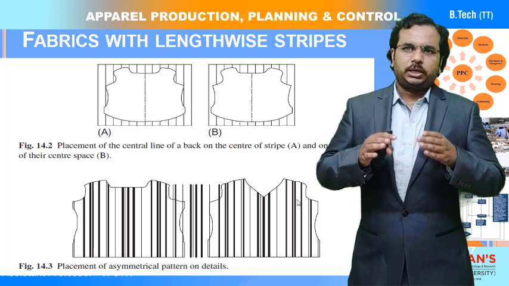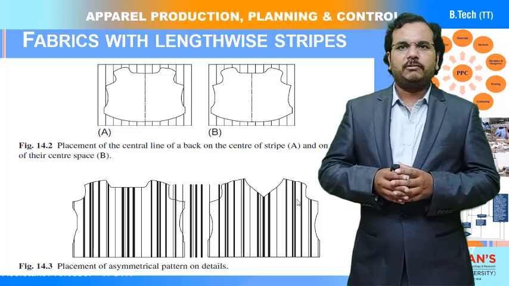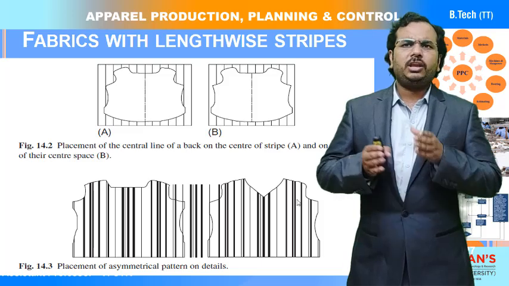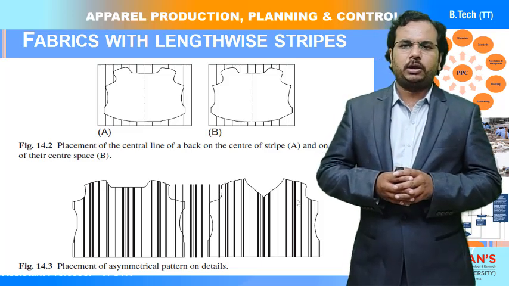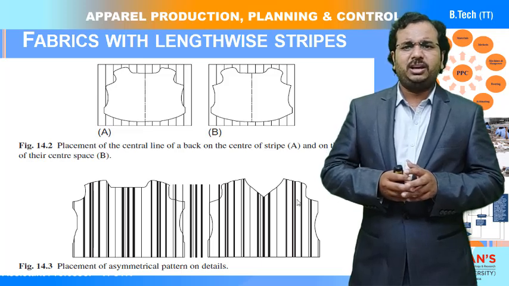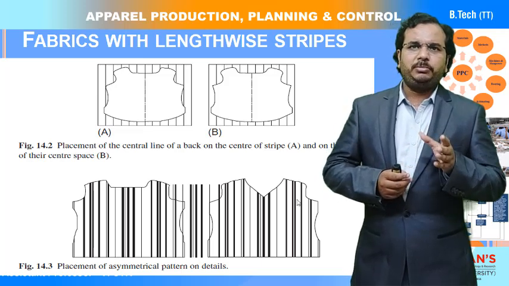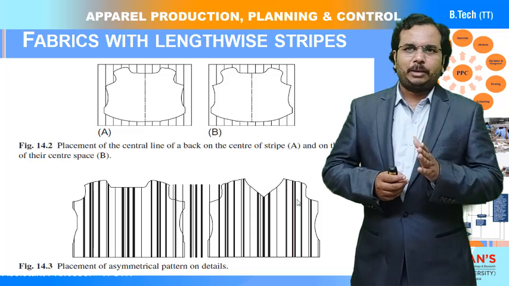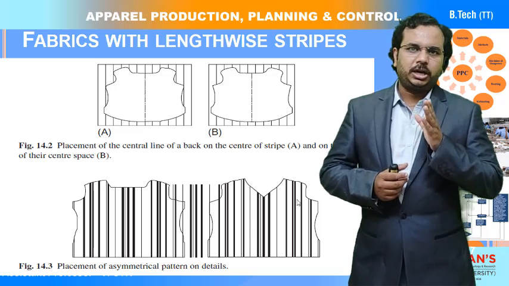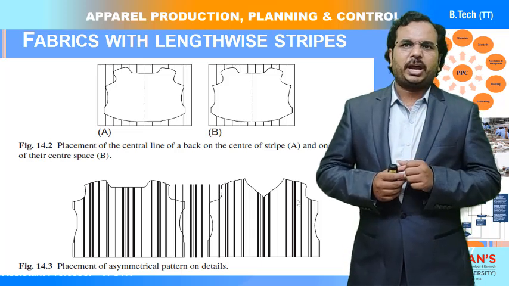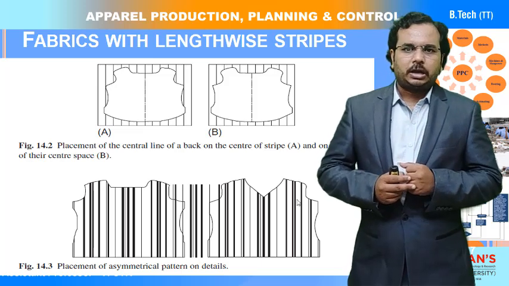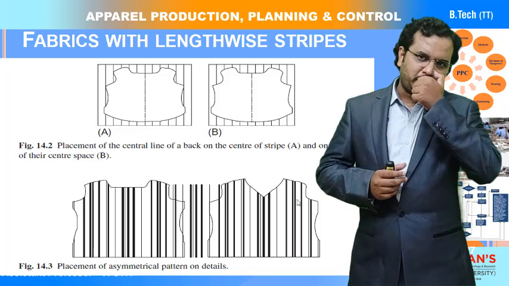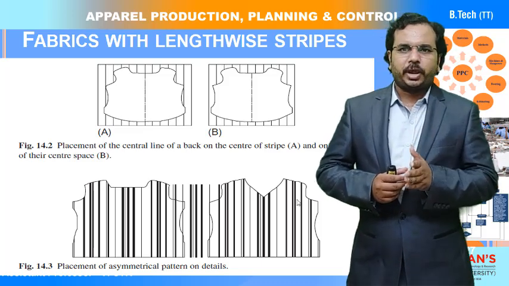So the stripes will be formed differently if you change the displacement of the panel or the pattern on the fabric. In the first image, A, it is exactly kept at the middle of the asymmetrical pattern, and in B, the placement of the pattern is on the stripes.